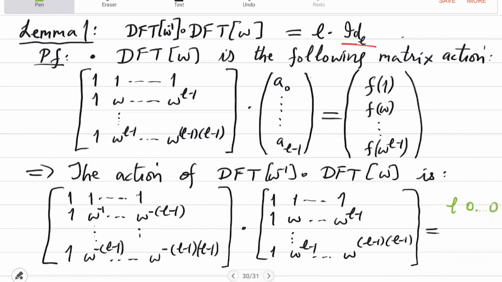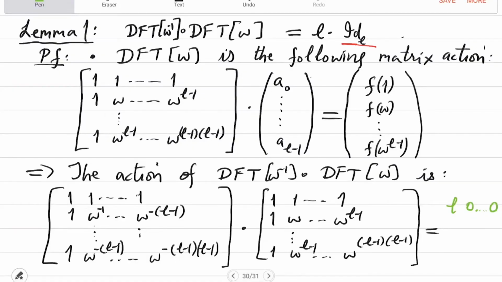Sum it up. Minus 1 you can think of as L minus 1, because omega is of order L, so minus 1 and L minus 1 are the same. And L minus 1 is odd, so by the calculation, this will still be 0.